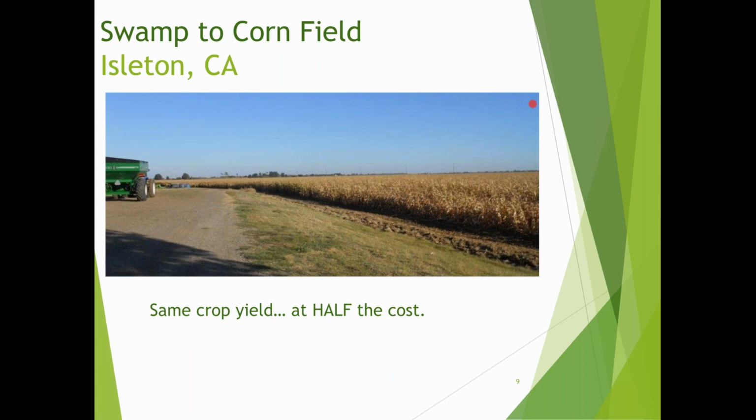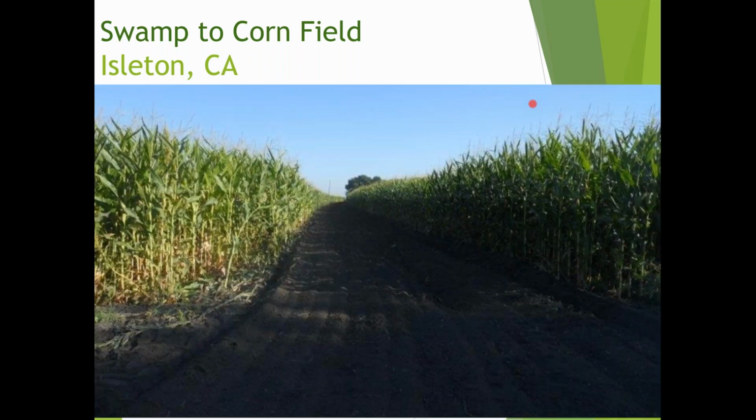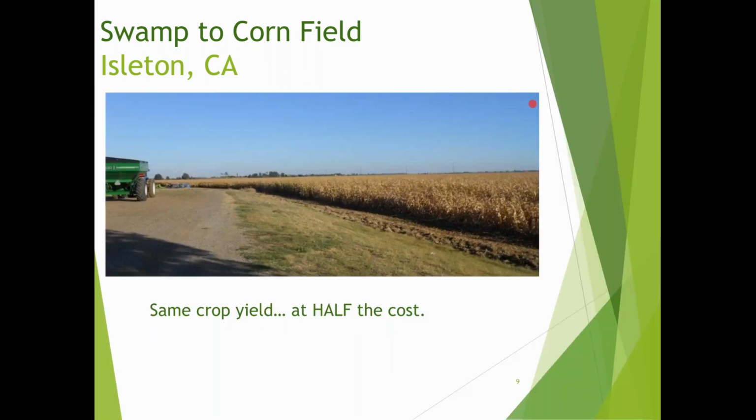The other thing too that they didn't do, they tilled this field once so that they could plant. These guys, we don't even know how many times they ran over this field before planting, and then even after planting, they did some cultivation as well as spraying the herbicide.